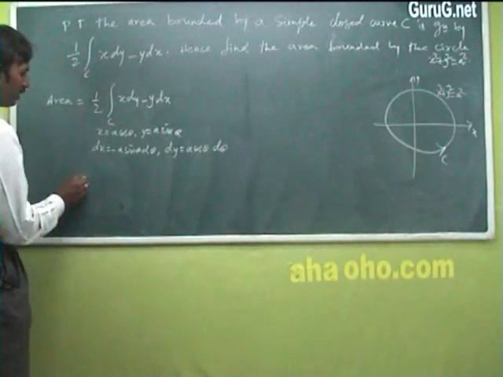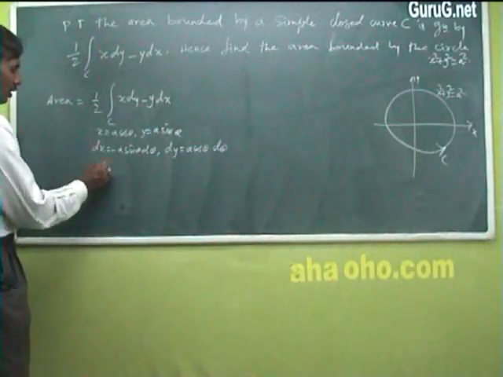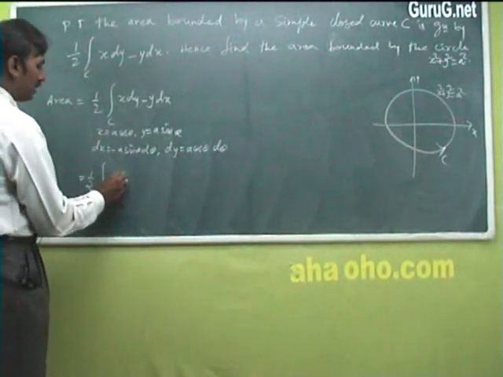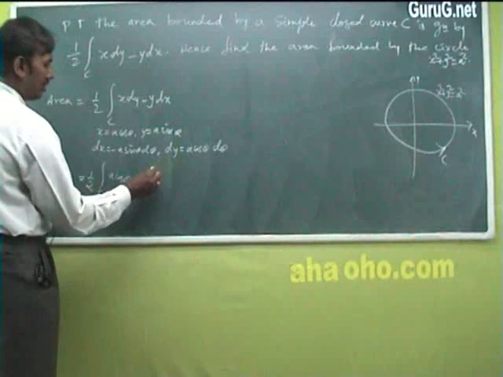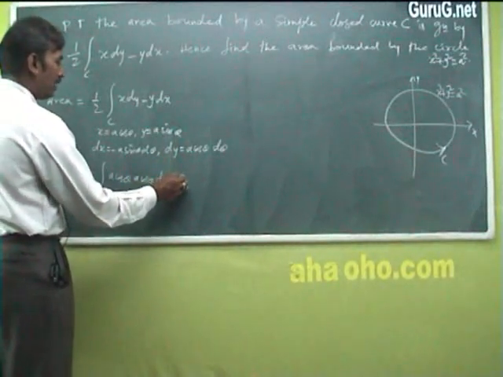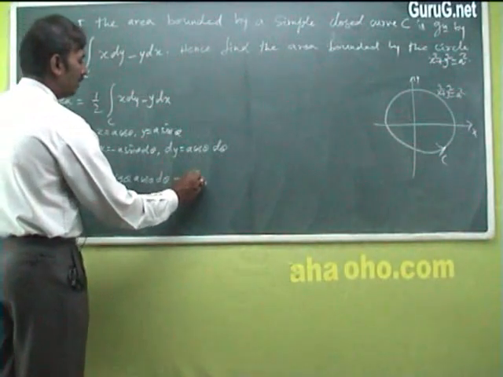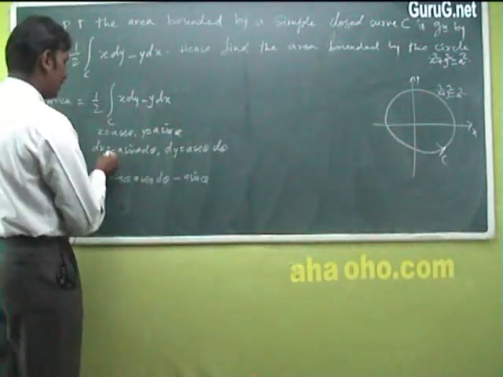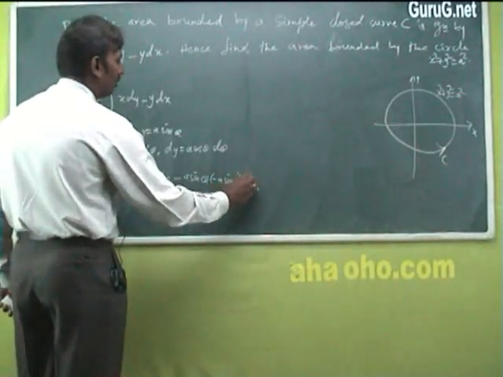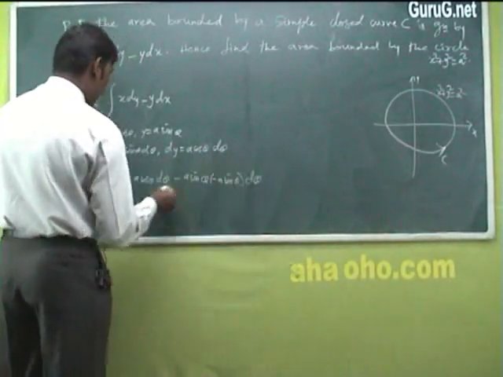So here 1 by 2 into integral over C x, so a cos theta into dy, a cos theta d theta, then minus y, which is a sin theta, into dx, minus a sin theta d theta. Then take d theta outside.